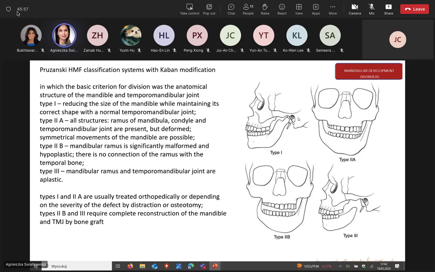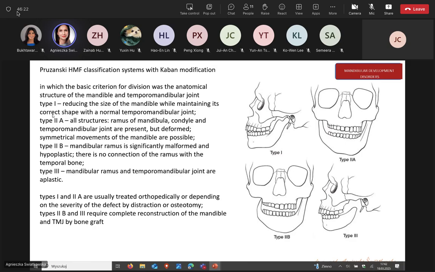So it's not a very severe case. Type 2A: all structures, ramus, condyle, and temporomandibular joint are present but deformed, and symmetrical movements of the mandible are still possible.